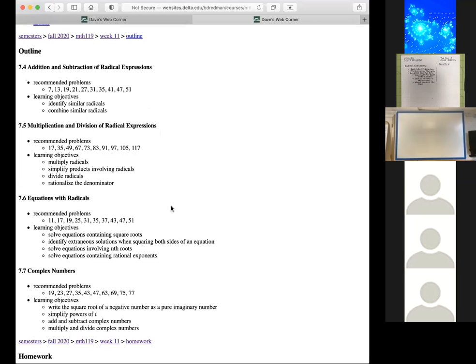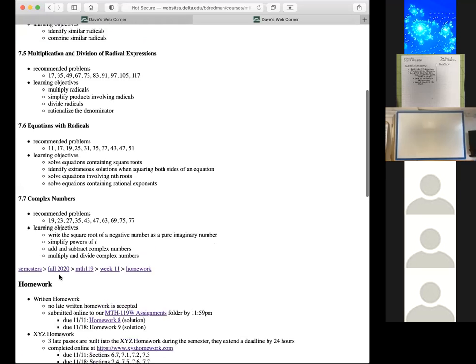We would like to solve more equations. We'd like to solve equations with radicals, and we'd like to solve equations with powers. And that's going to require us literally to invent some new numbers. And that's also a topic for Thursday, the complex numbers.